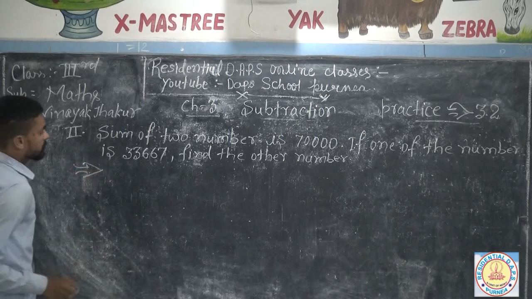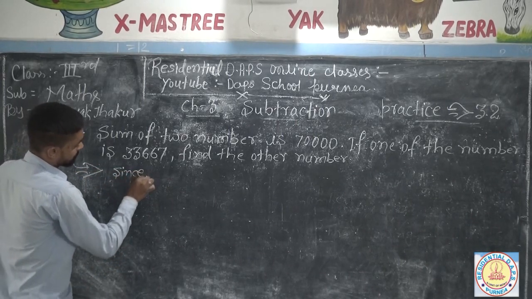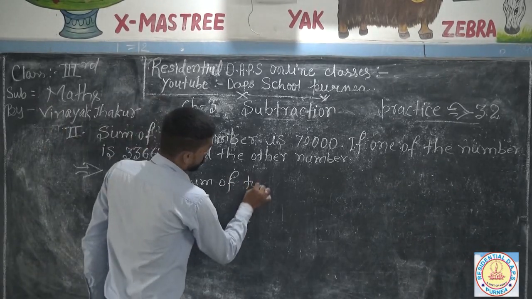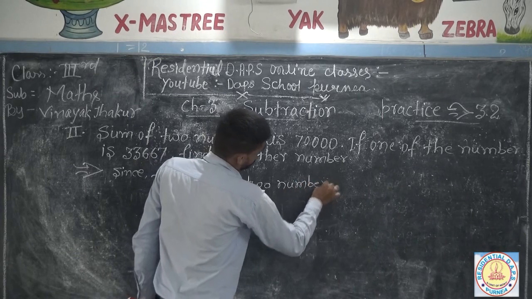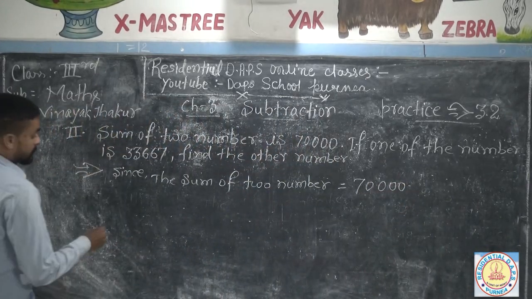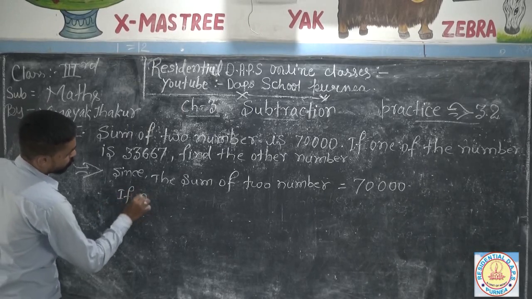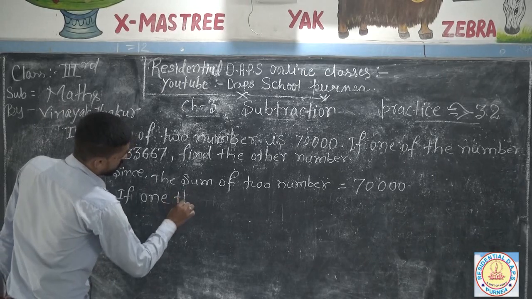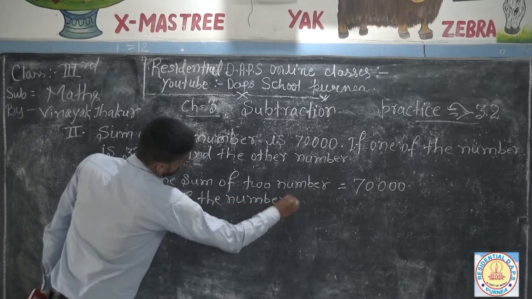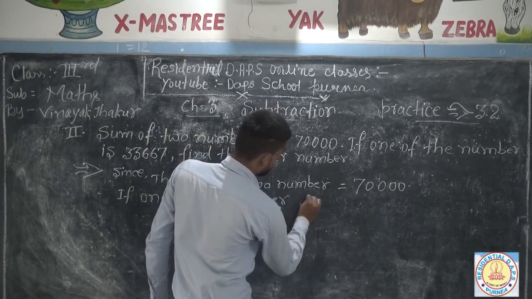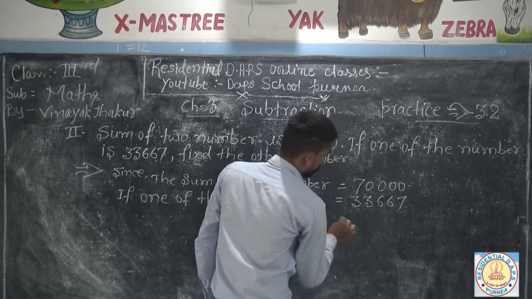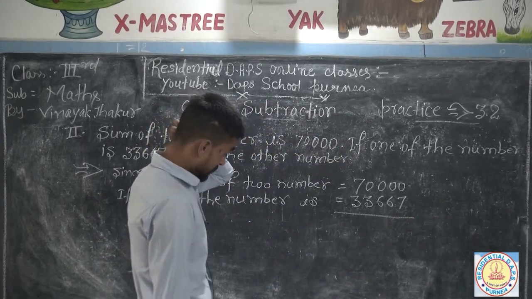So how can you solve this question? Since the sum of two numbers is 70,000, this is given, and if one of the numbers is 33,667, you have to just subtract.